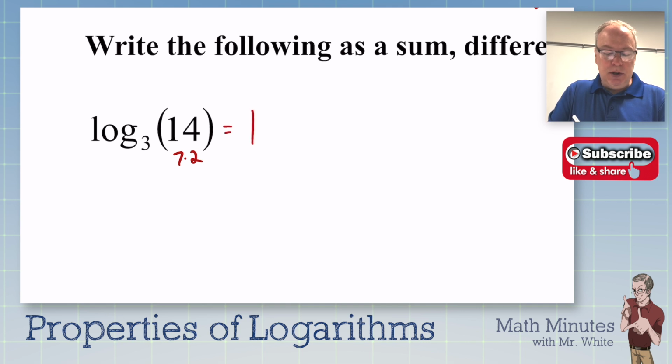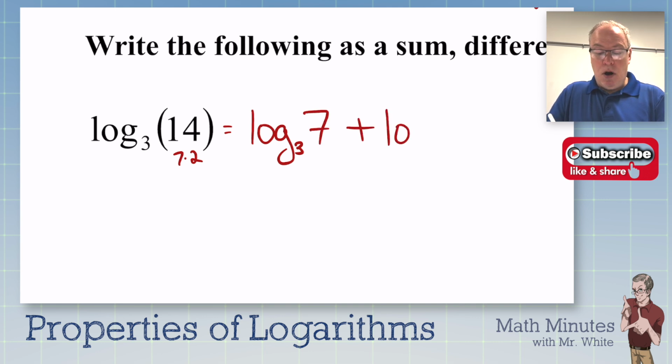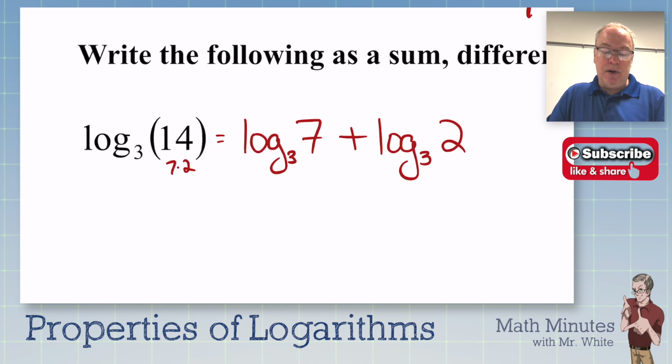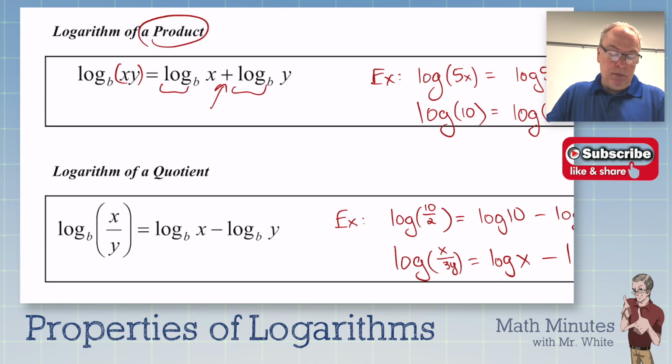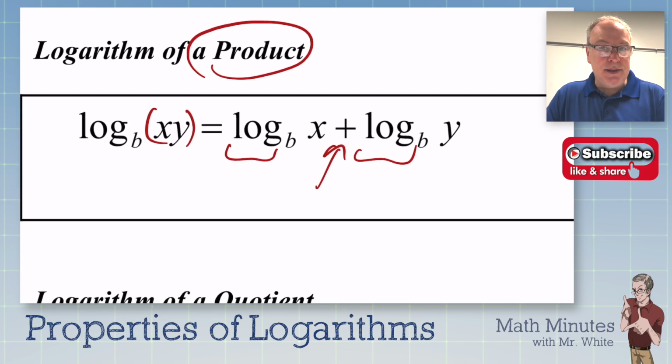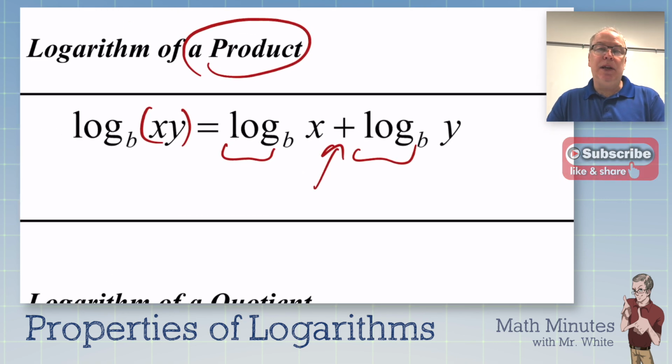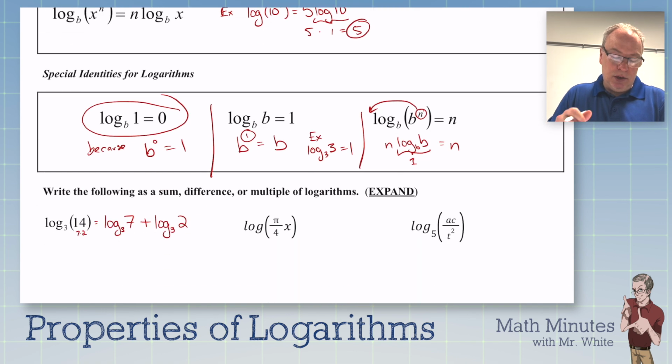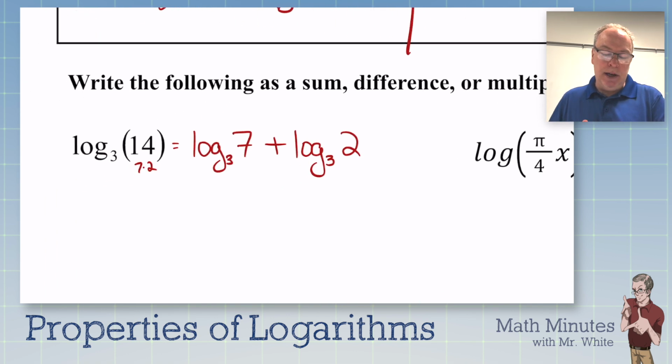So this is going to be log base 3 of 7 plus log base 3 of 2. Now, where did that plus sign come from? It came from up here in our notes. It said, whenever you have a product on the inside, 7 times 2, you can split it into the sum of two things. So that's what I did right here. I split it into 2.